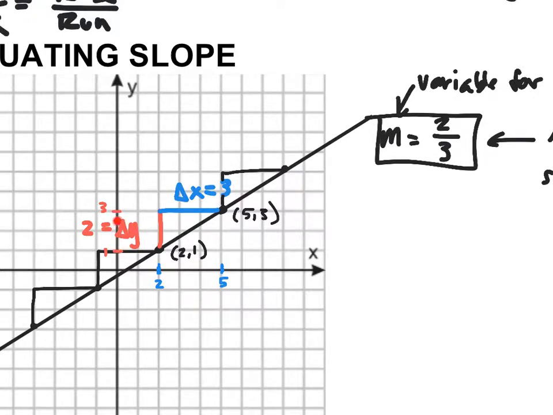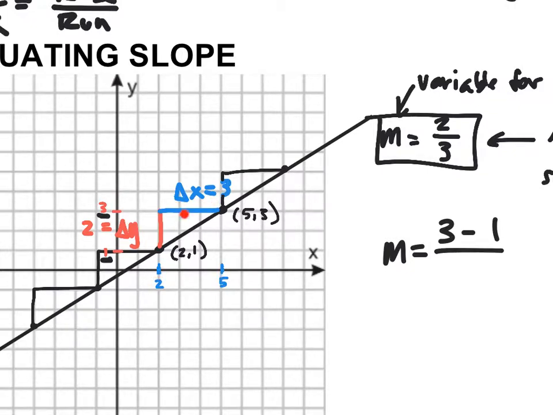So my question is, using the numbers 3 and 1, how do I get 2? What I would really do is slope m equals this y value 3 minus this y value 1, and then divide that by the difference of 5 and 2.